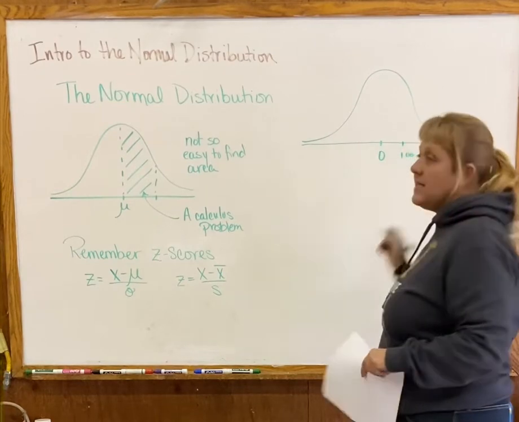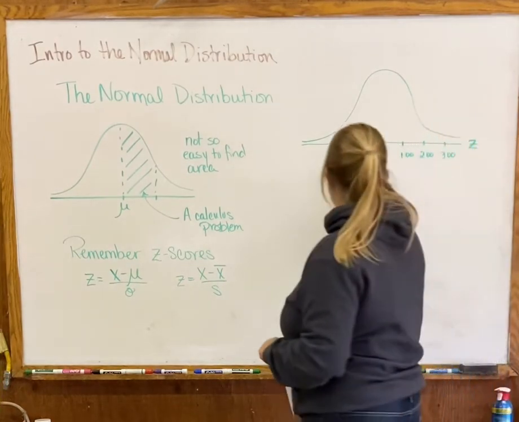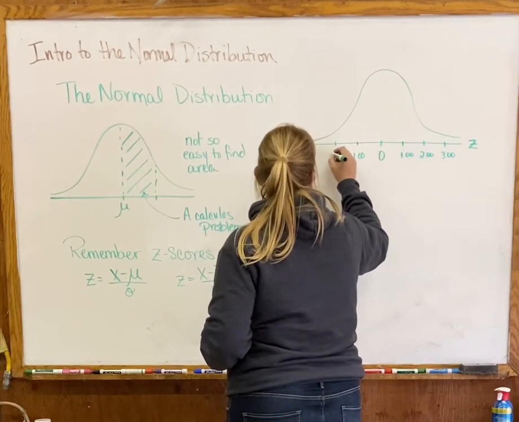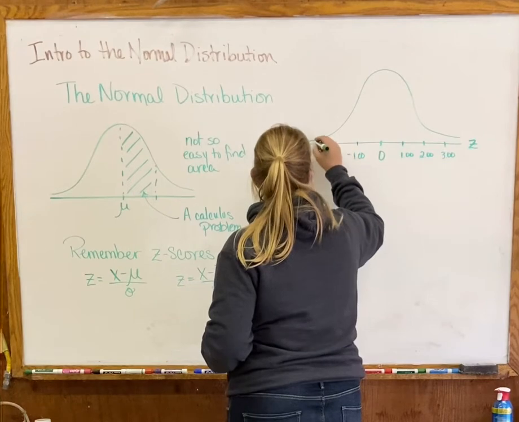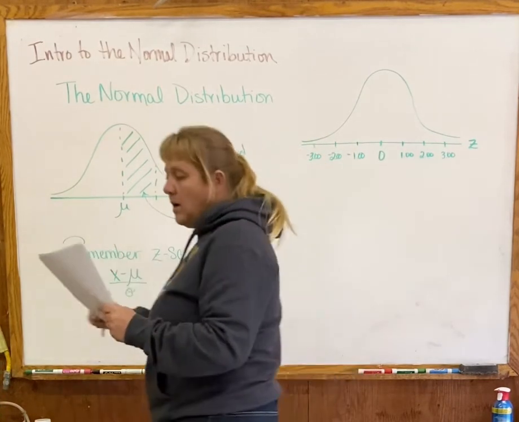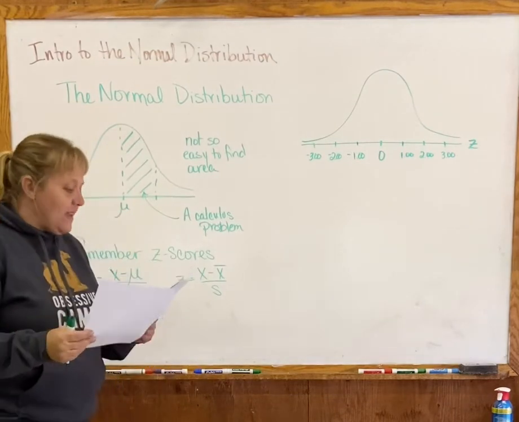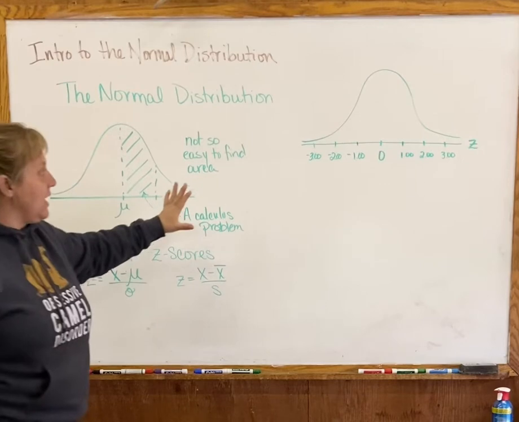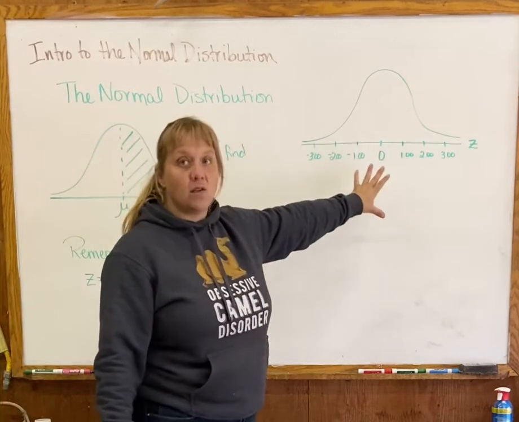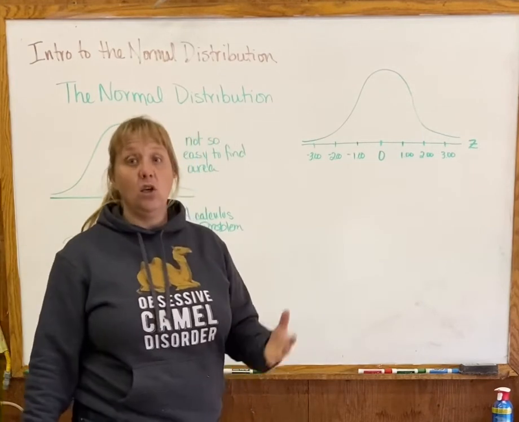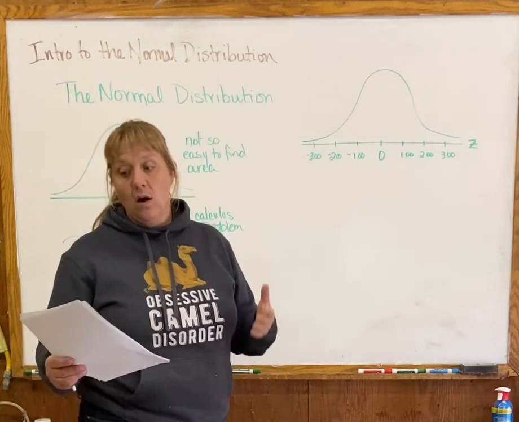And the idea is that these are z-scores. So negative 1.00, negative 2.00, negative 3.00. So instead of living in the real world, which is where we might be over here, we're going to live in the z-score world.